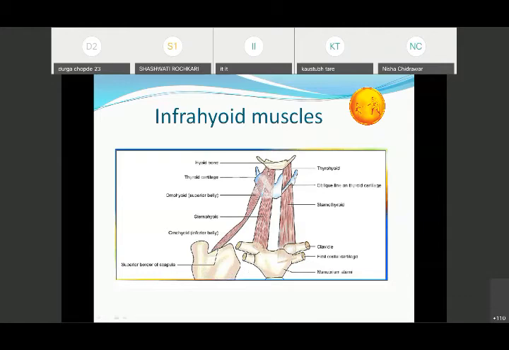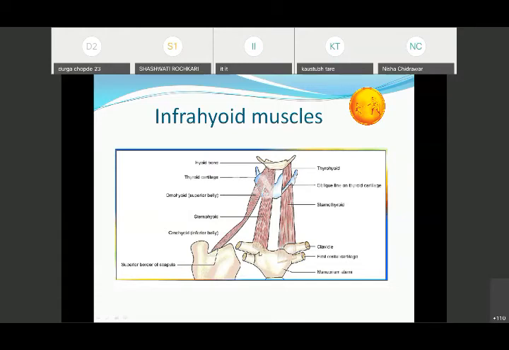Here you can see the superficial muscles are the omohyoid and sternohyoid. Omohyoid, as we have seen earlier, extends from the scapula; omo is scapula. It has a superior belly and an inferior belly. So this is the superior belly of omohyoid and this is the inferior belly of omohyoid.